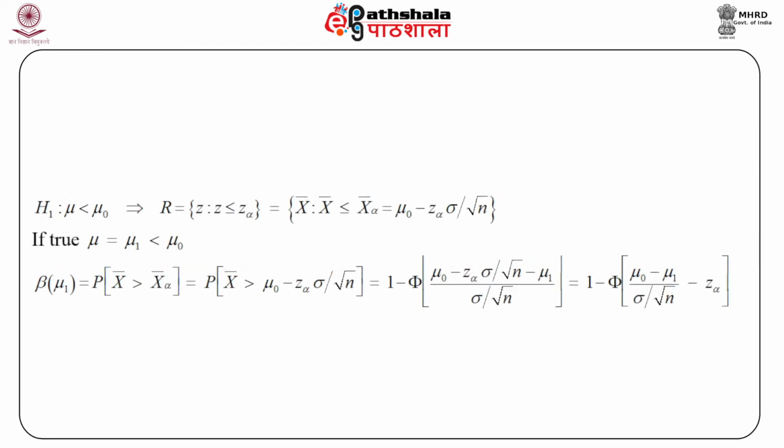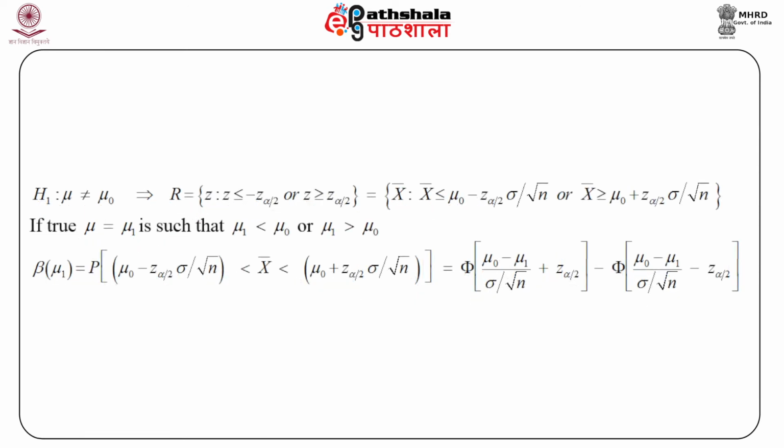So we have similarly the second and the third alternative. In the second one we have mu less than mu 0, and what we get is beta of mu 1 comes out to be equal to 1 minus phi of mu 0 minus mu 1 upon sigma by root n minus z alpha.